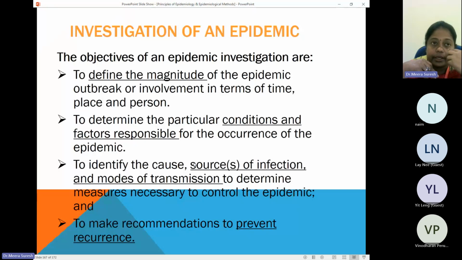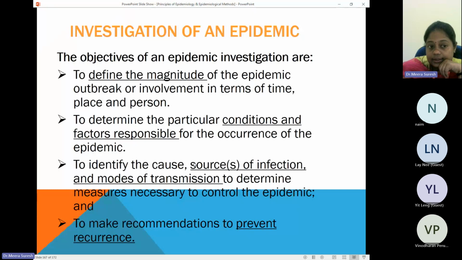That's how they came up with the idea that it is transmitted via droplets and maybe contact also, so we keep at least 1 meter distance from people and start using masks. All these measures the public health department asked us to follow, because those were the methods of transmission. Then, to make recommendations to prevent recurrence.